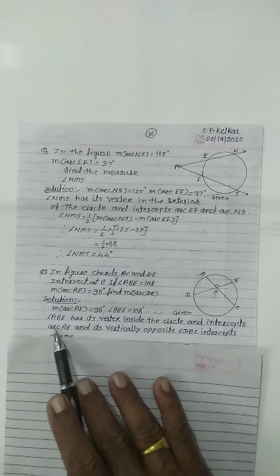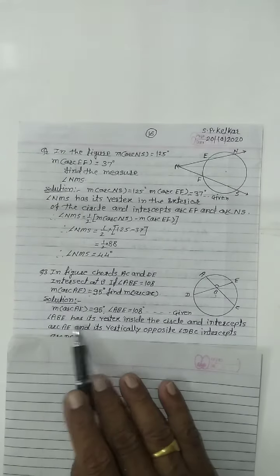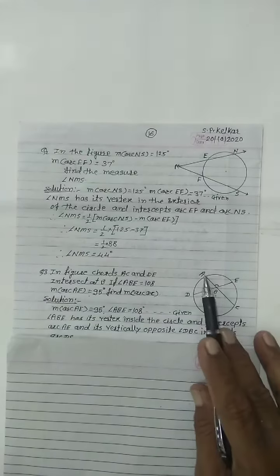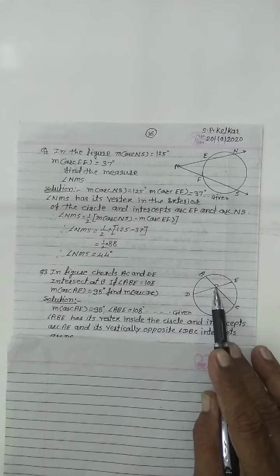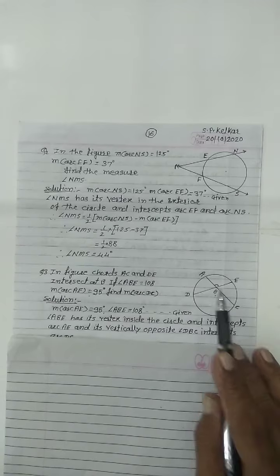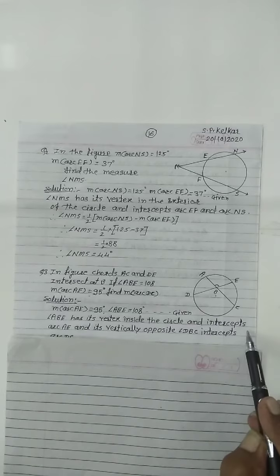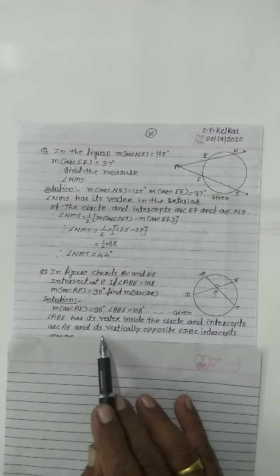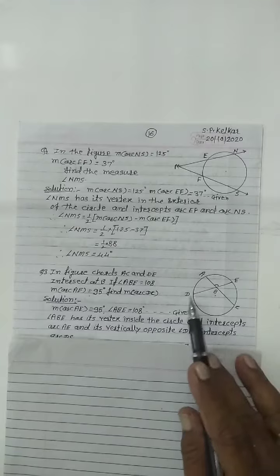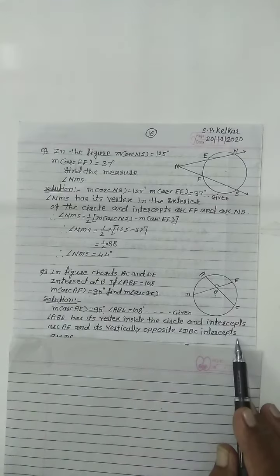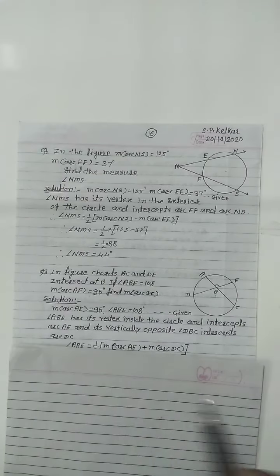Then angle ABE has its vertex, this B, inside the circle and intercepts arc AE, and its vertically opposite angle DBC intercepts arc DC.